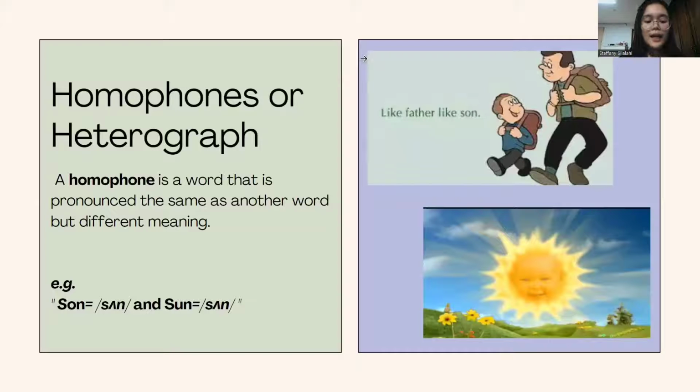The last is homophone or heterograph. A homophone is a word that is pronounced the same as another word, but has a different meaning. Homophones, literally same sound, are usually defined as words that share the same pronunciation, regardless of how they are spelled.